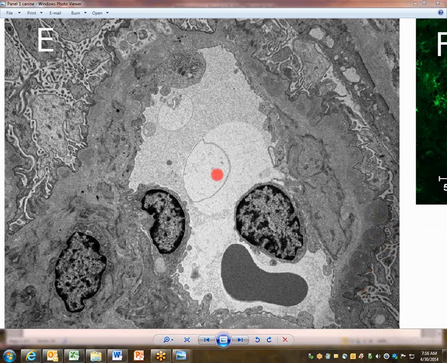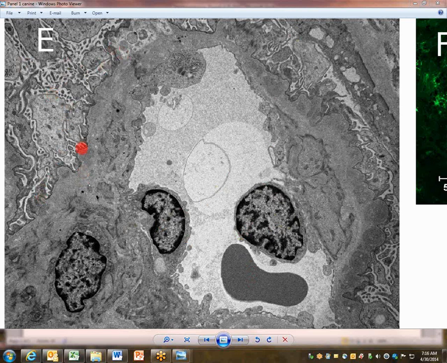What do you think of another piece of it? Getting focused on the basement membrane, finding the basement membrane in an EM is always the first step, getting oriented. So capillary lumen, red blood cell, endothelial cells, epithelial cells out here.